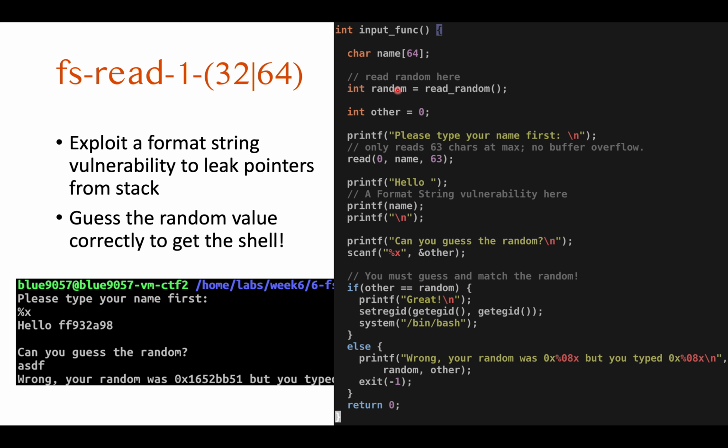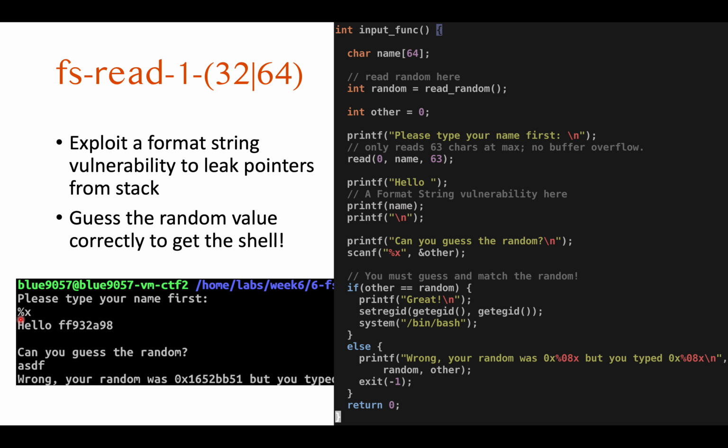Then it asks us to type a name, and we can supply up to 63 characters, so there's no buffer overflow vulnerability at all. Then it calls printf hello, and then printf name, the input buffer itself. So there's a format string vulnerability here.